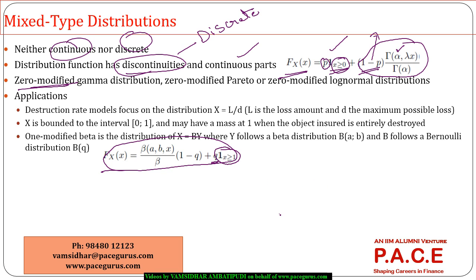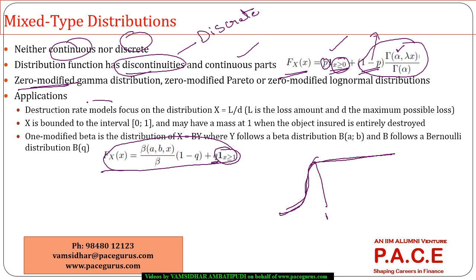From 1 onward the distribution function is 1 itself, but below 1 it follows a gamma or beta distribution. So until you reach a particular value it follows a continuous distribution, but after that it becomes a constant.